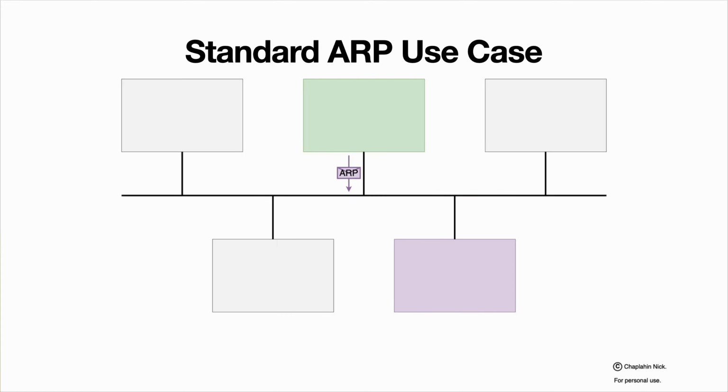Schematically in the network, it can be displayed like that. We have our device trying to send an IP packet to the next hop. This is the next hop. For some reason, our device doesn't have an ARP entry for this next hop, so it sends an ARP request asking for the IP address of the next hop. Usually this ARP is broadcast, it can be unicast. Always read the documentation from your vendors.